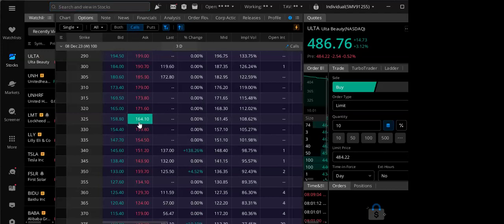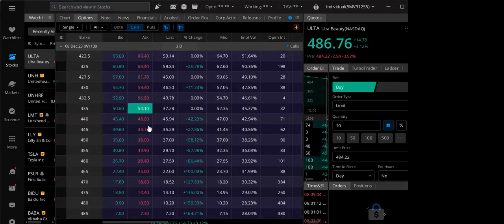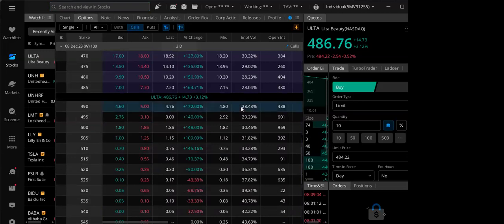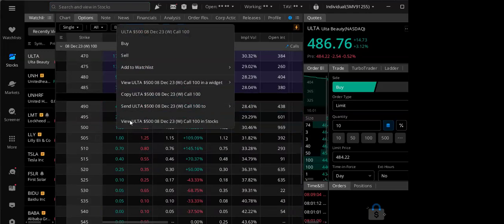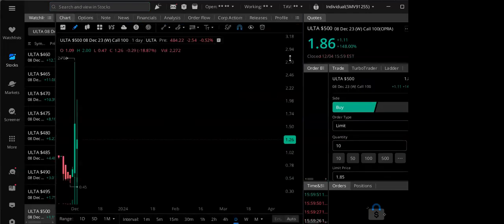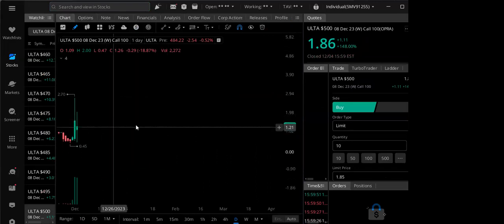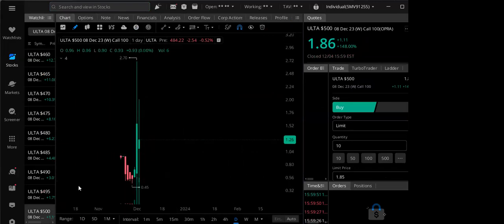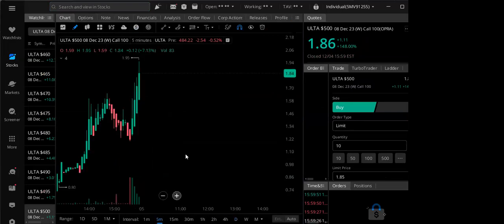So yesterday, calls. So let's say it went to 472. Let's start with 500 and see how it went. So you want to see when the market opened, and what was the high.